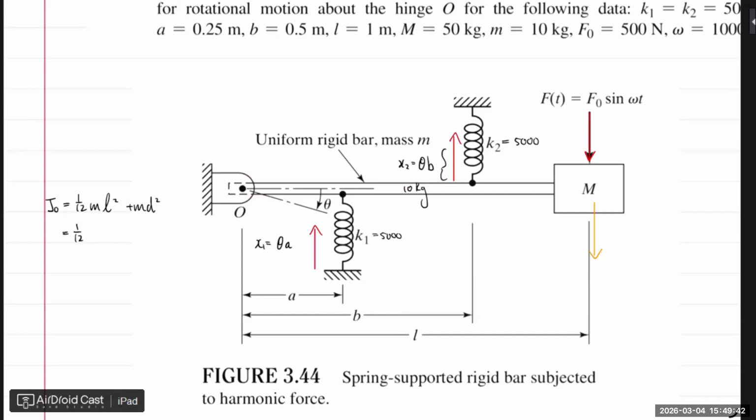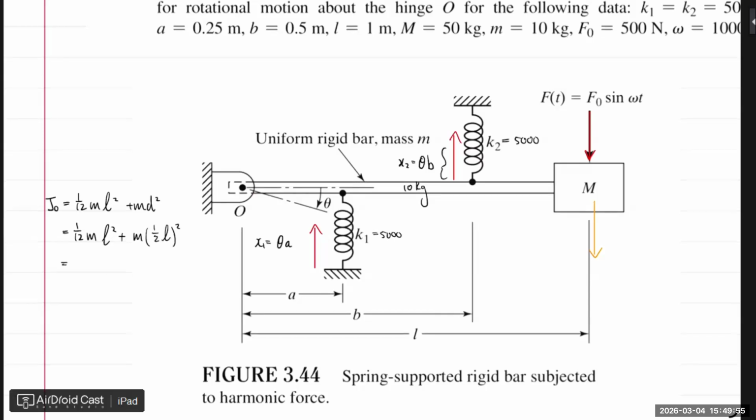So we have 1/12 m, and what is this length? Is L. But what is that d? That d is just the half of L. So this is then just a third ml squared. So there we have that already.